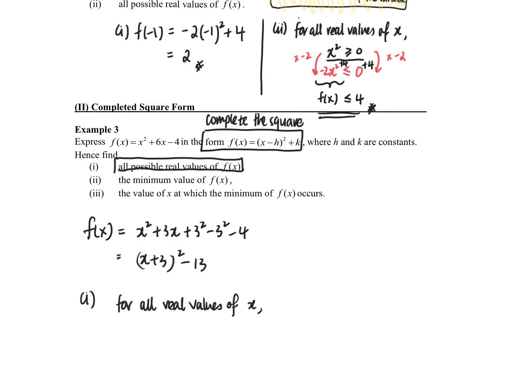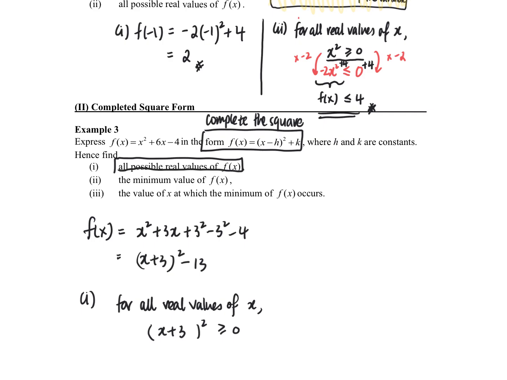Of course, if the variable changes to another letter, then you change to that letter. Be flexible, people. So bracket square will always be greater than or equal to 0. So in this case, it's x plus 3. Just now it was x squared because the previous expression only had x squared, but now it's x plus 3, so you just copy the whole chunk down.